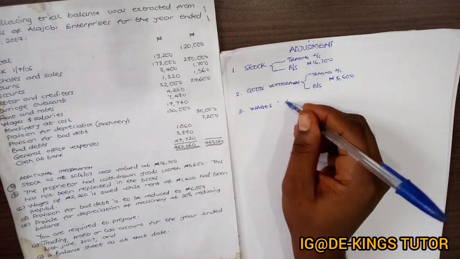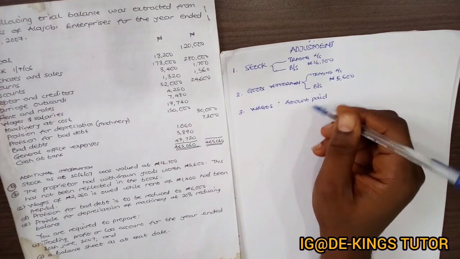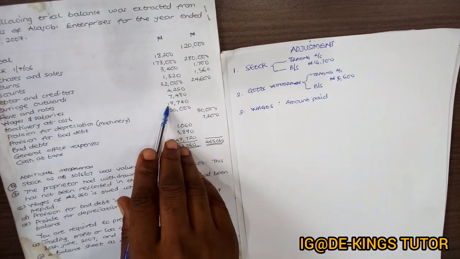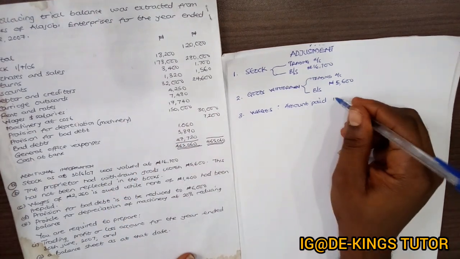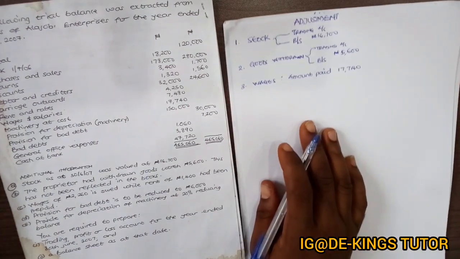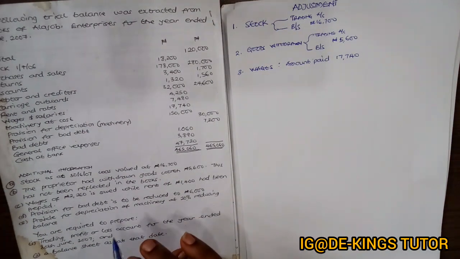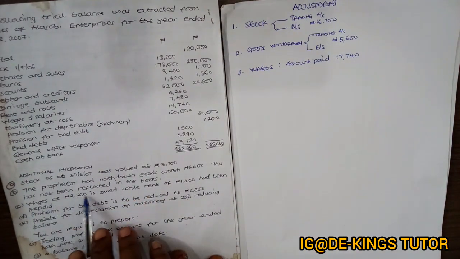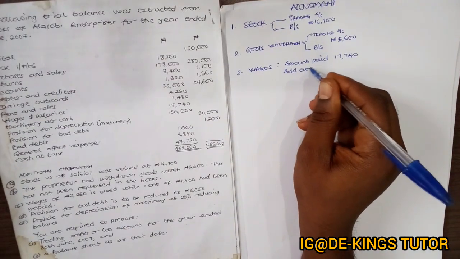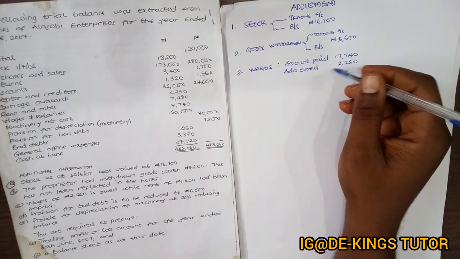So we say amount paid for wages is 17,740. They said 2,260 is owed, so we add owed 2,260.